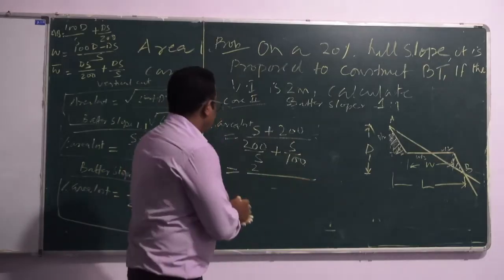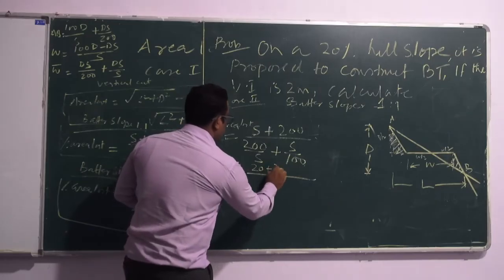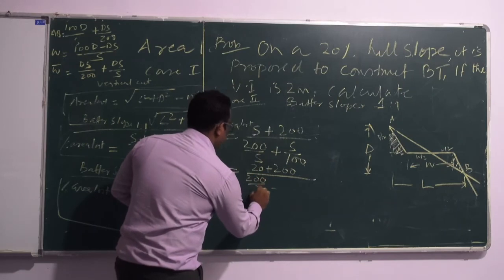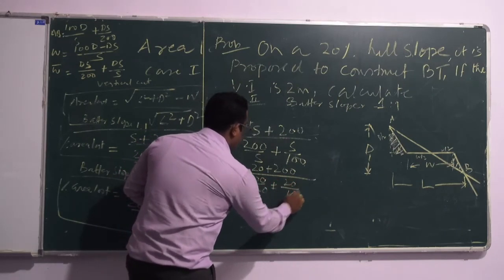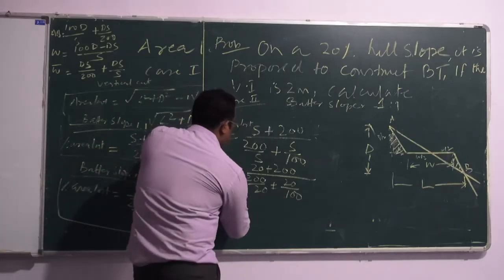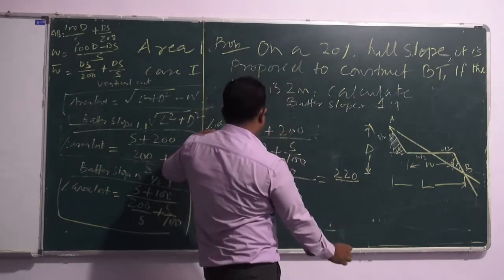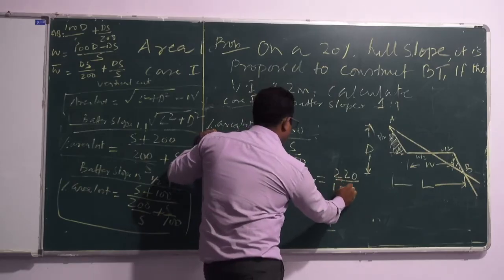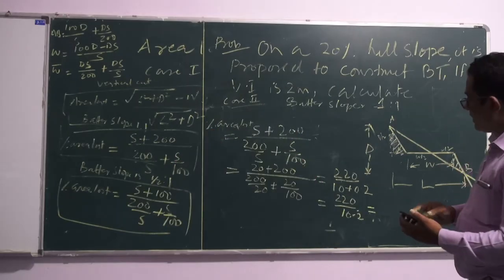So this is 20 plus 200 by 200 by 20 plus 20 by 100. This is going to be 220 divided by 10 plus 0.2. So I think the idea is clear.